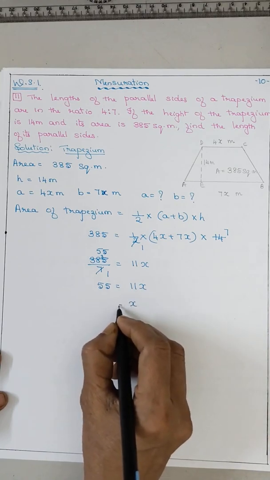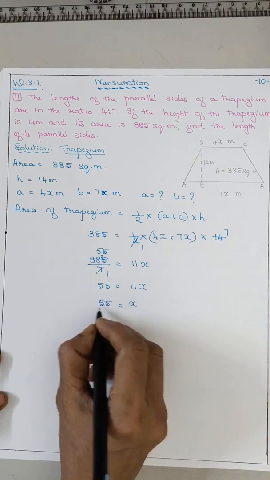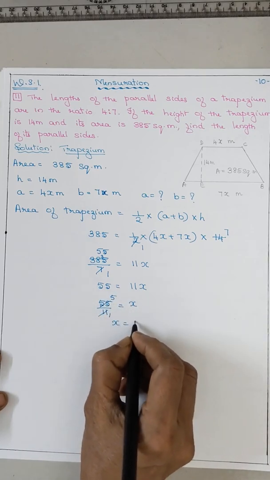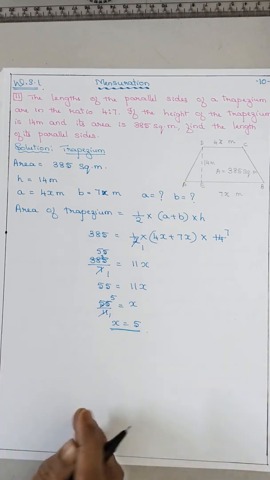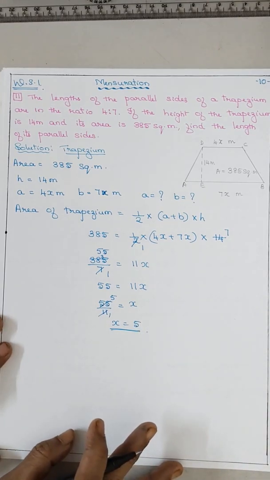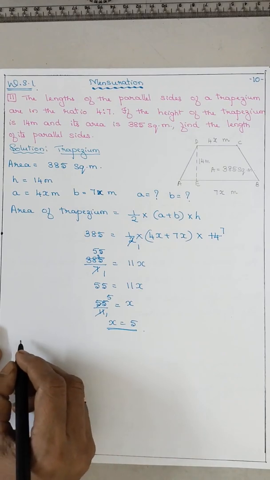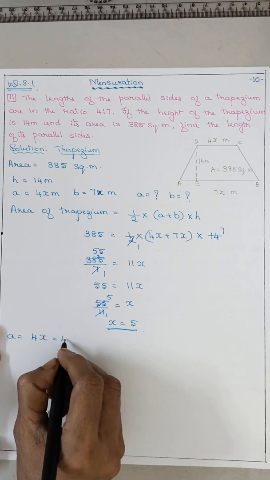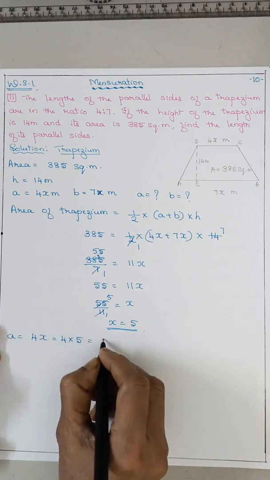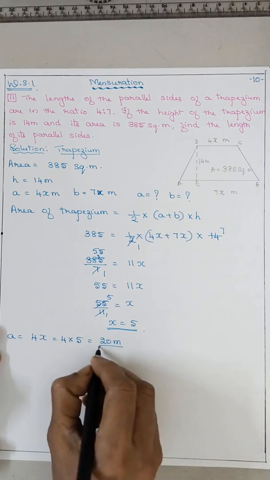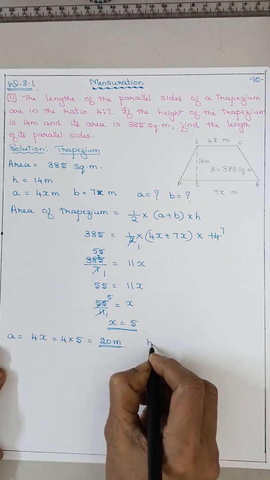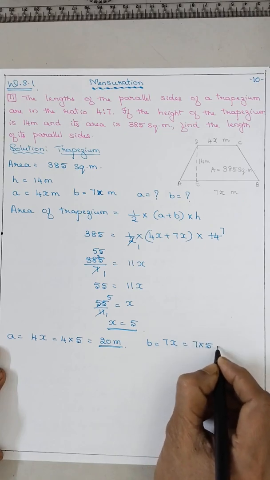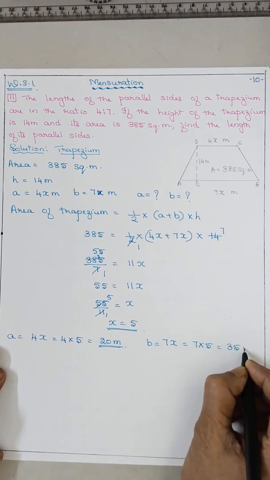So x is equal to 55 by 11. 11 fives are 55. x is equal to 5. We got x is equal to 5. Now find out A is equal to 4x is equal to 4 into 5, that is 20 meter. Then B is equal to 7x, 7 into 5, that is 35 meter.